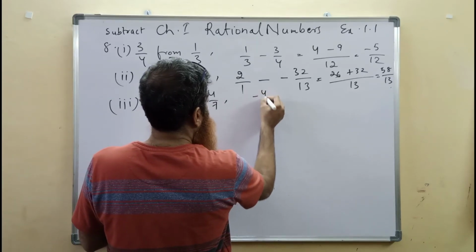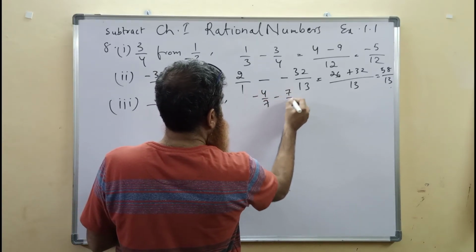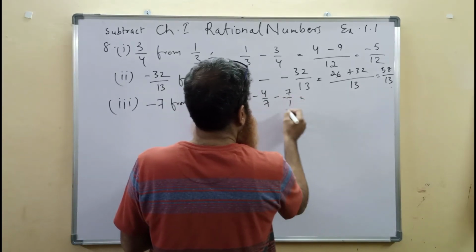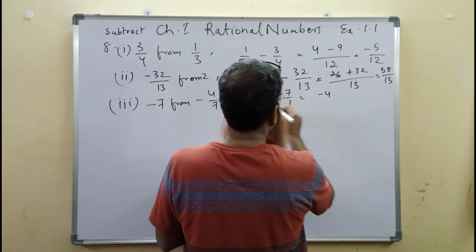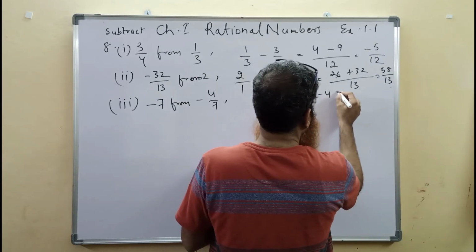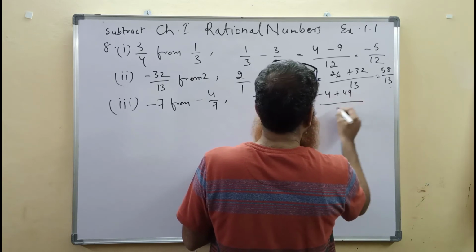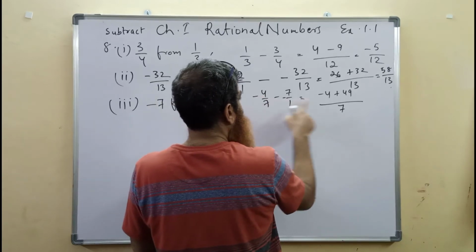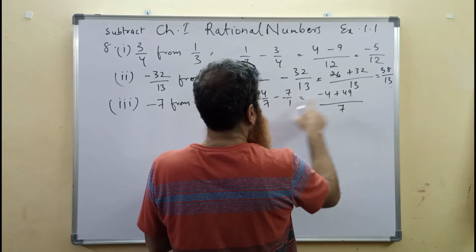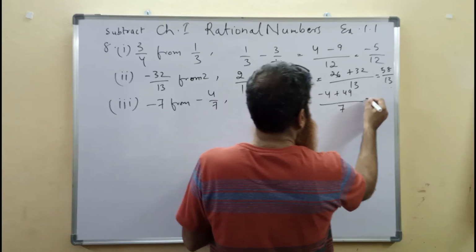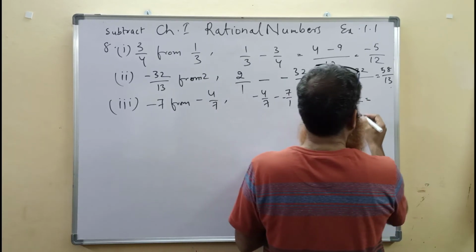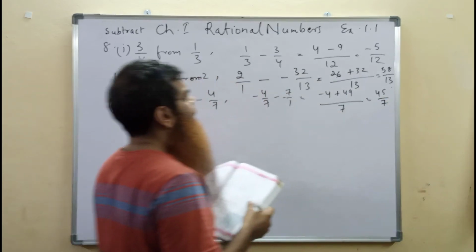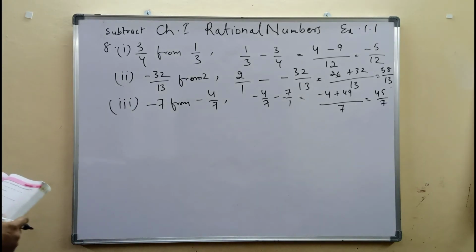Okay, it is minus 4 by 7 minus minus 7 by 1. 1 4 is 4 minus 4. 7 sevens are 49, minus of minus is plus 49. Then 49 minus 4 is 45 by 7. We get 45 by 7.